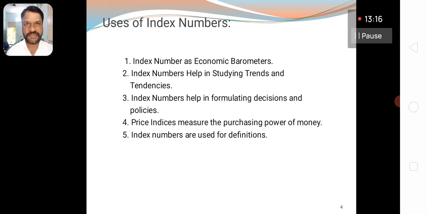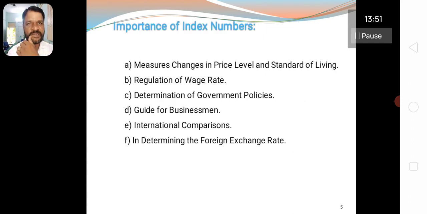It shows that the purchasing power of the money is decreasing. In the years 1990 or 95, the American dollar could be exchanged for 35 to 40 rupees. Now it is nearby 75 to 80 rupees. Therefore, index numbers are used to know the purchasing power and to take decisions on these concerns.